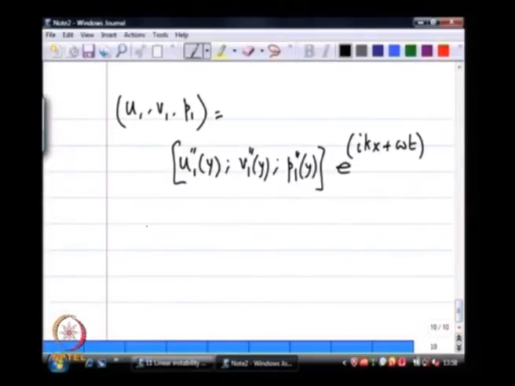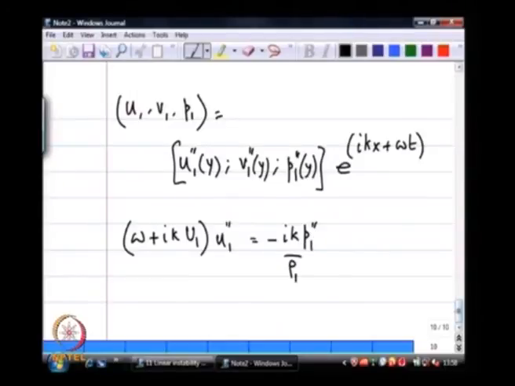When we do that, what we find is omega plus I k u 1 times u 1 double prime is minus I k p 1 double prime over rho 1.